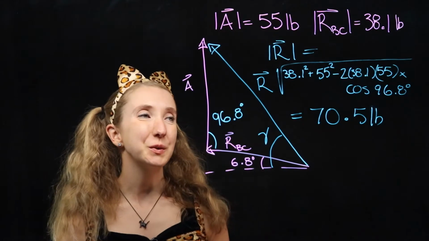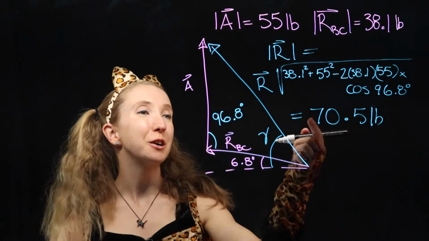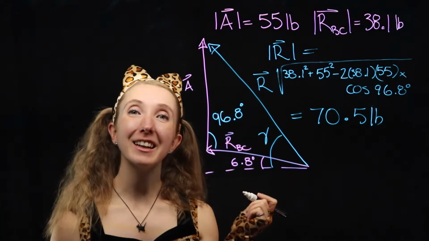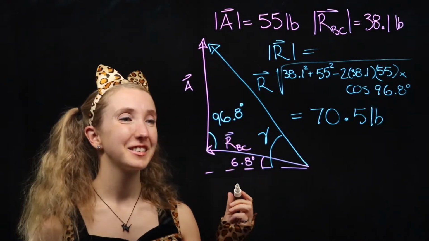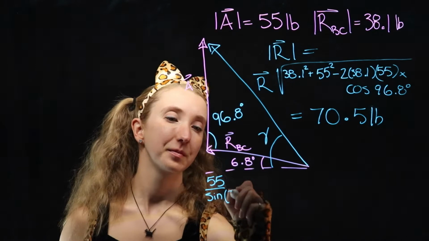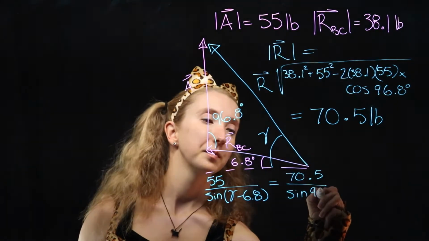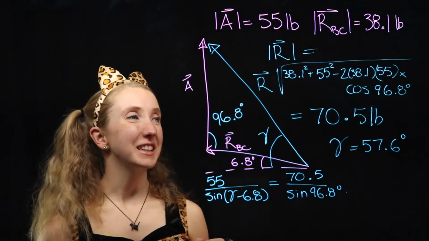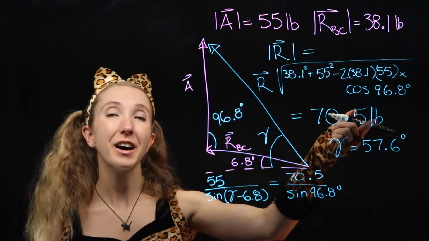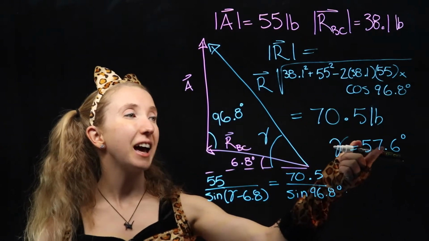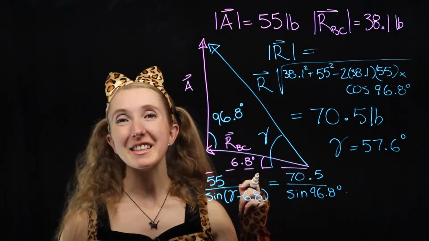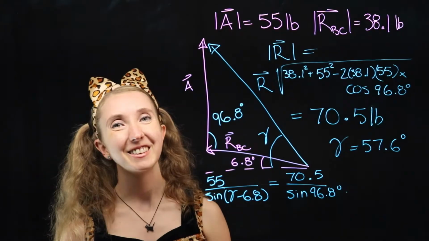Now all that's left to do is find the angle of our resultant. We're going to use our triangle and the sine law to work backward. And we get that our final resultant is equal to 70.5 pounds oriented at 57.6 degrees upward clockwise from the horizontal.